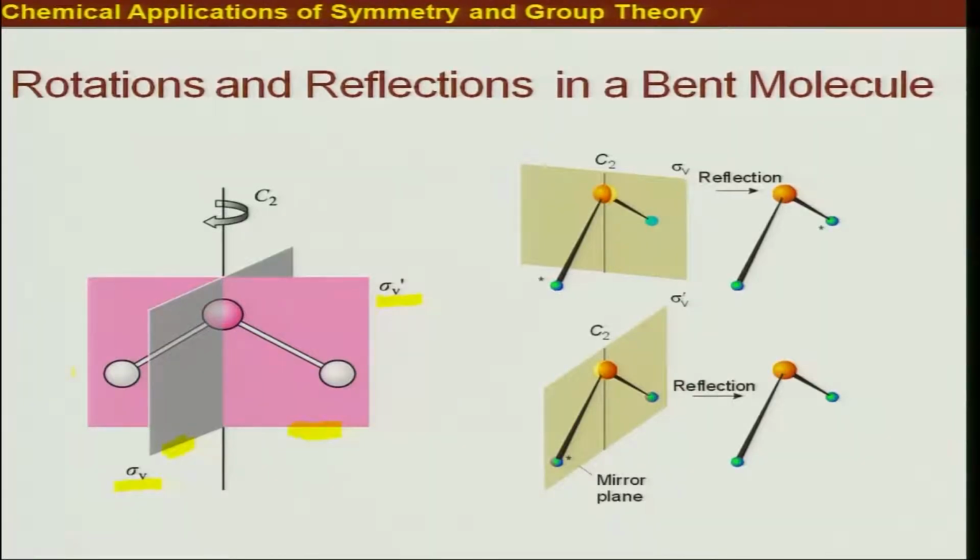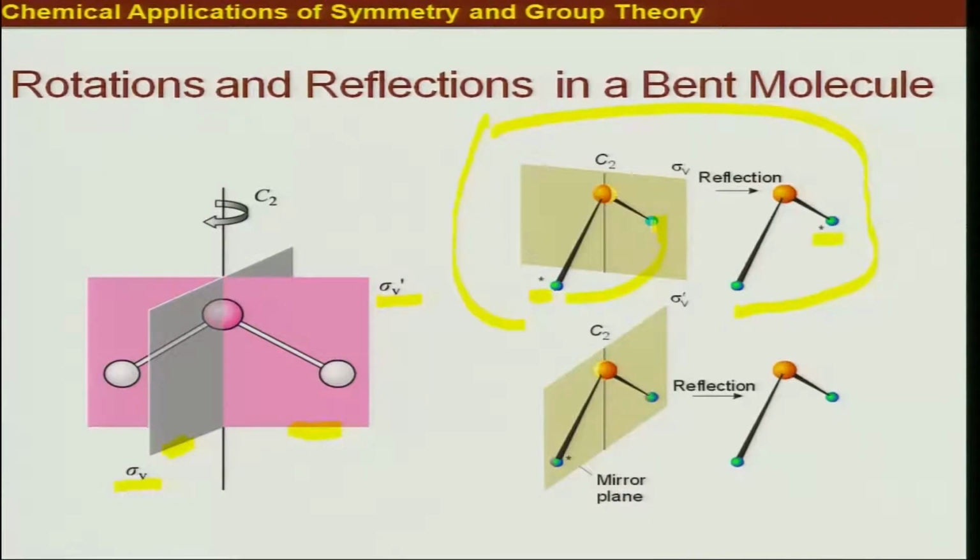Now on the same screen you can see that I am putting this C2 and sigma v there, and you can see how the operation will transform the molecule. In the top part, you will see a star-marked hydrogen atom which moves from here to here. So C2 will move this hydrogen atom over here.